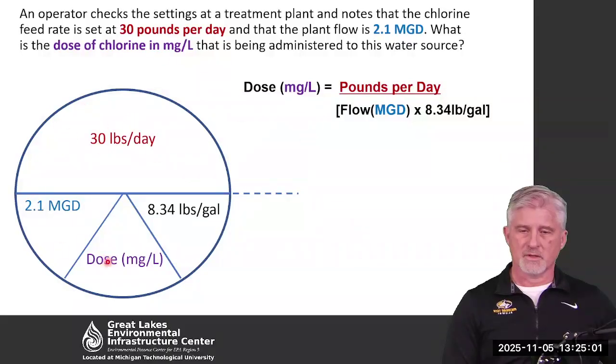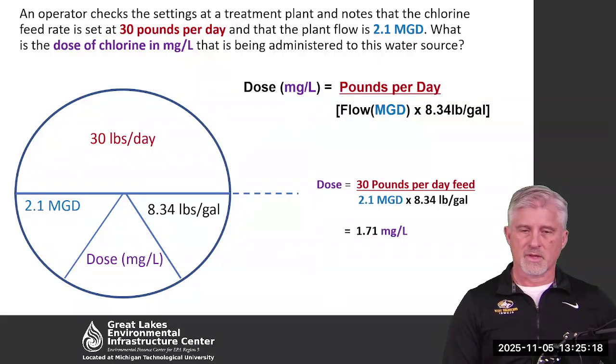So these things fit into these slots for the pie formula. That simply becomes dose is equal to 30 pounds per day divided by 2.1 million gallons a day and divided by 8.34 pounds per gallon. So that gives us 1.71 parts per million. All right, great. I believe that's what the majority said.